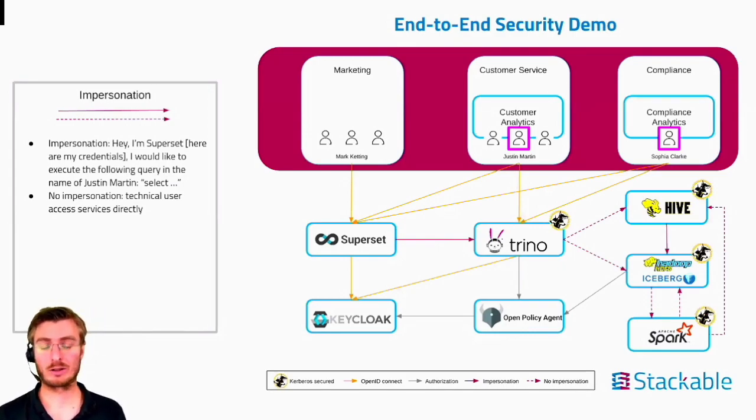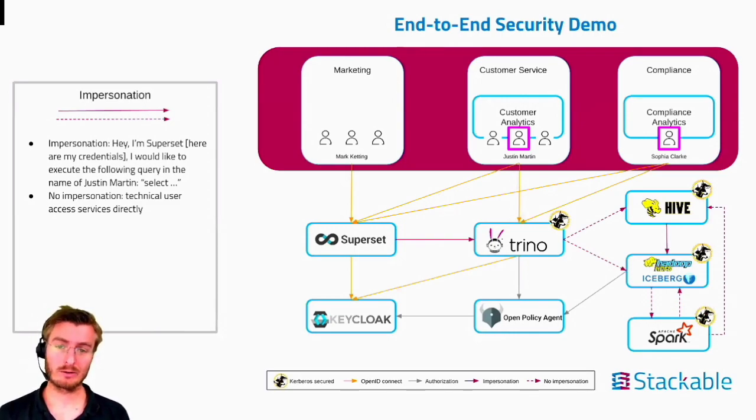And this is done in order to exclude any type of privilege escalation where you can use Superset to create a dashboard to view something that you're not actually allowed to see because maybe Superset runs the query as a technical user or something. But by using impersonation here, you'll only ever be able to see data in Superset that you are granted permissions on in Trino as well.